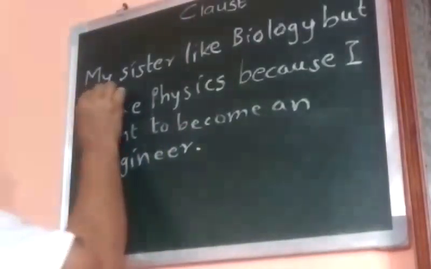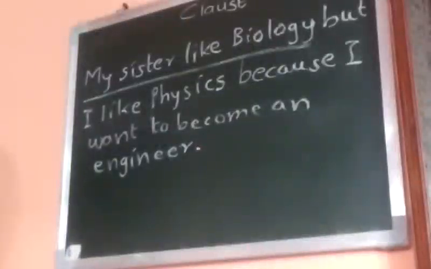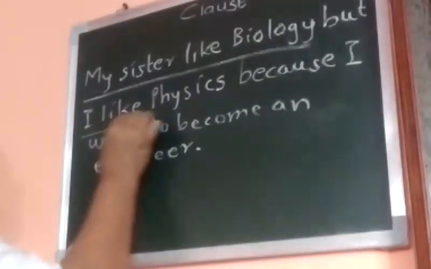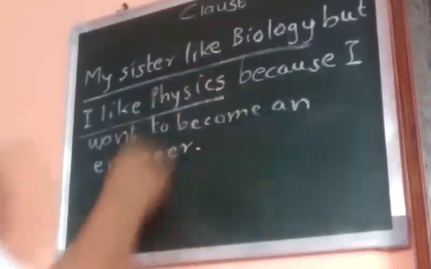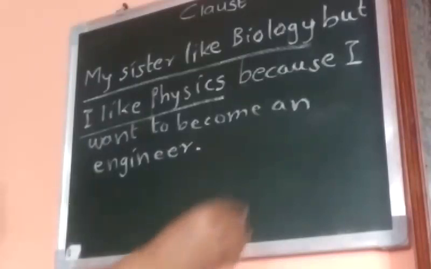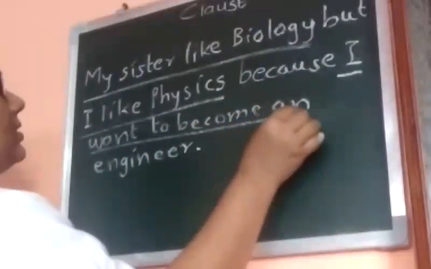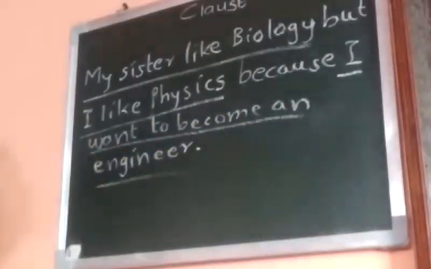In this sentence, my sister liked biology, it is a clause. I like physics, it is also a clause. And I want to become an engineer is also a type of clause. So this sentence contains three clauses.